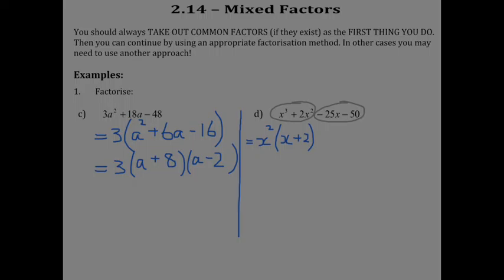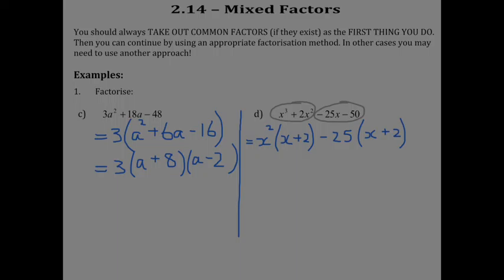Now, in the second set of brackets here, I can see that there's a minus sign that's common, and 25 goes into both numbers, so -25 is common. 25 goes into itself once, so I'll be left with an x, and the -25 goes into -50 plus 2 times.